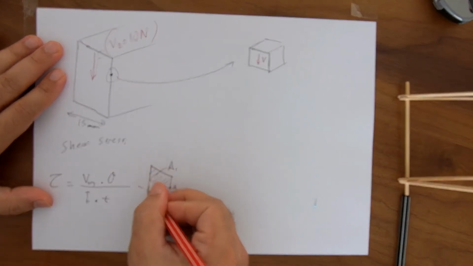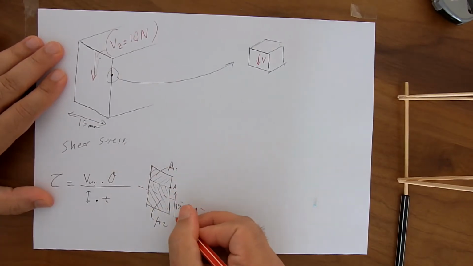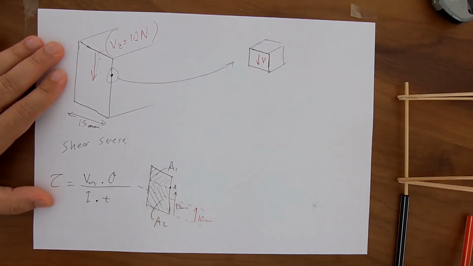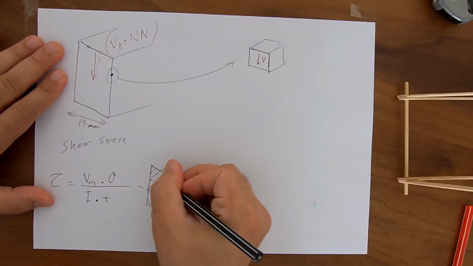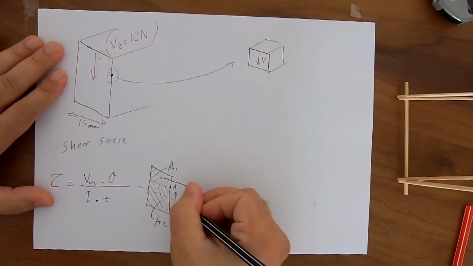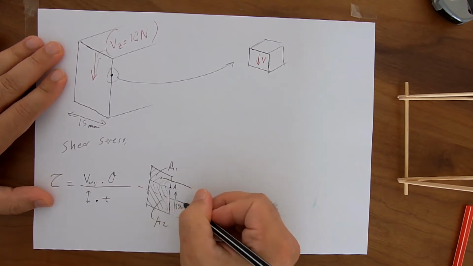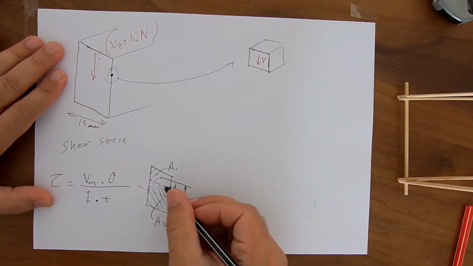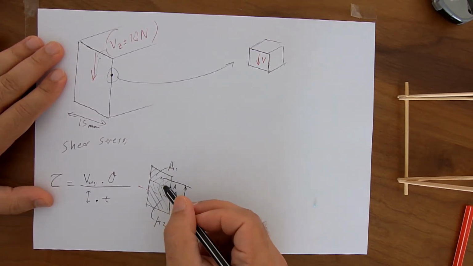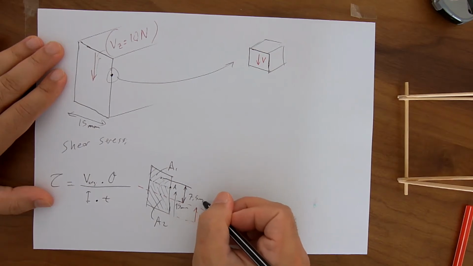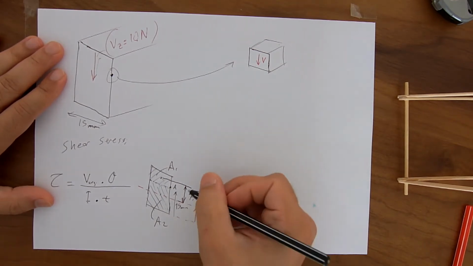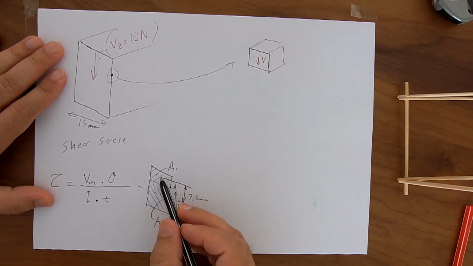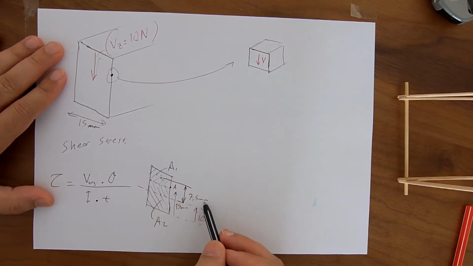The neutral axis here is 10 millimeters away from the bottom of the cross section, and the distance between here and here, which is the centroid of A1. And what is it? 5 here, 2.5 here, so 7.5 millimeters. So the distance between the centroid of A1 and the neutral axis is 7.5.